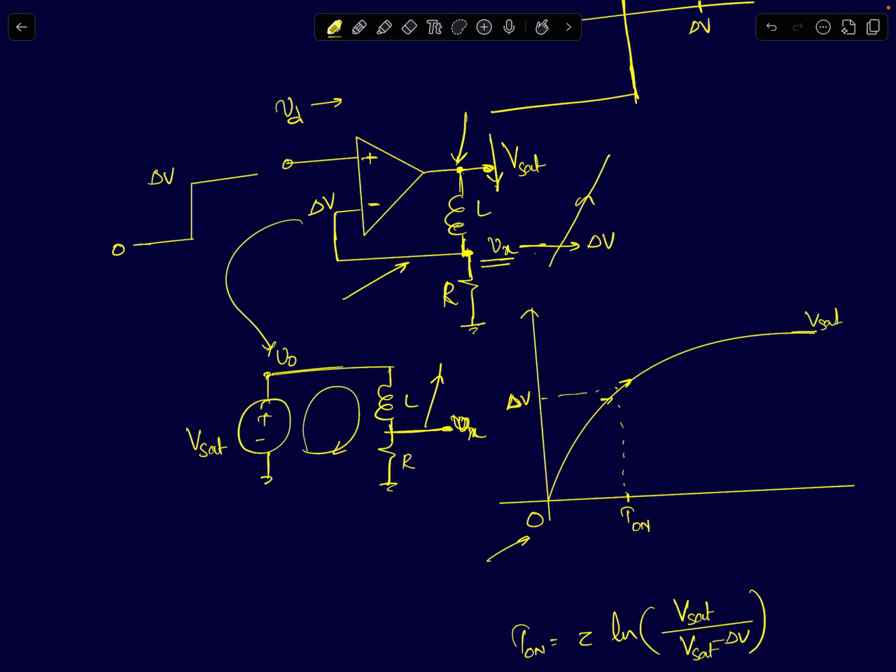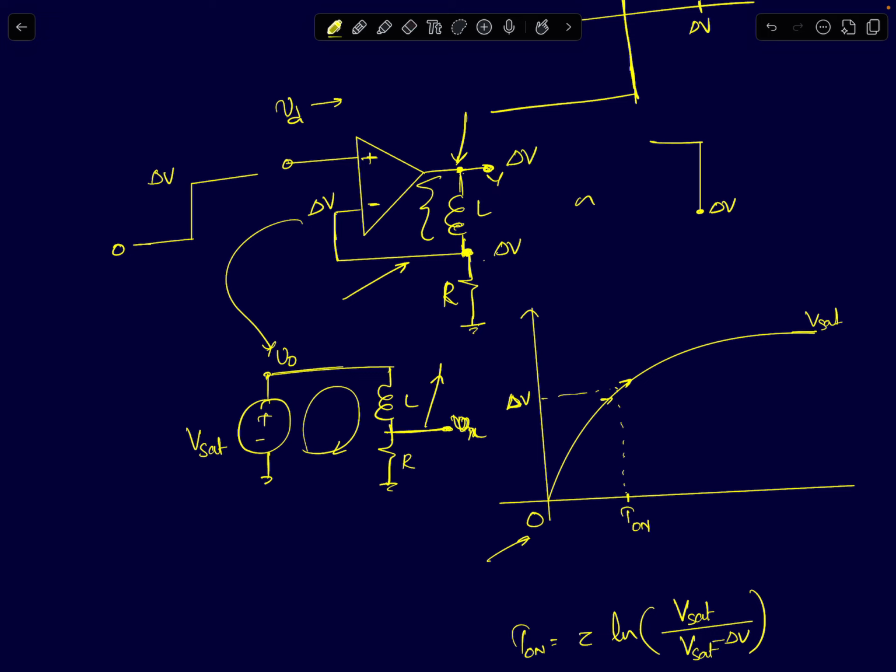So it will start from plus Vsat and keep decreasing until it reaches plus delta V. When it reaches plus delta V, the voltage across the inductor becomes 0, because Vx has reached delta V and the output node voltage has also reached delta V.